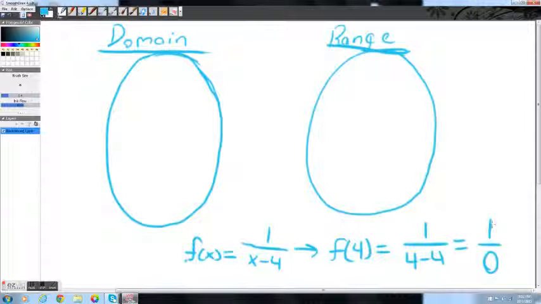That will show up in later videos, the importance of that. So, anyway, we would say that 4 is not in the domain of f of x, because it does not produce a permissible output, and the set of permissible outputs is the range.